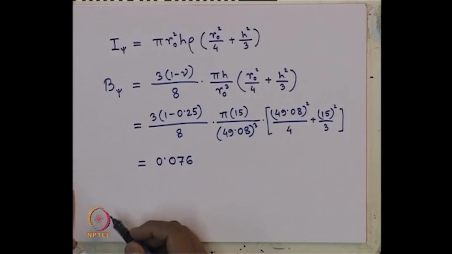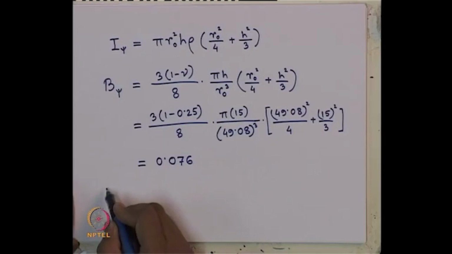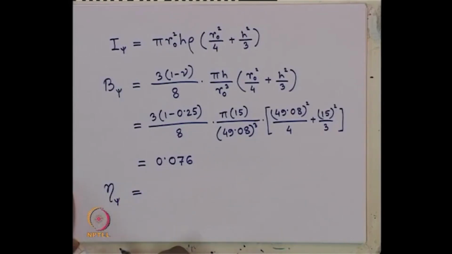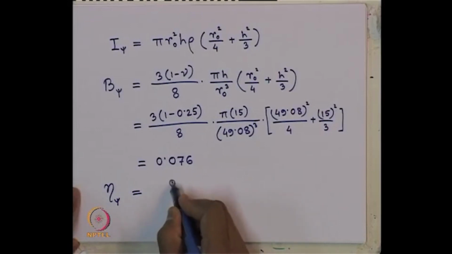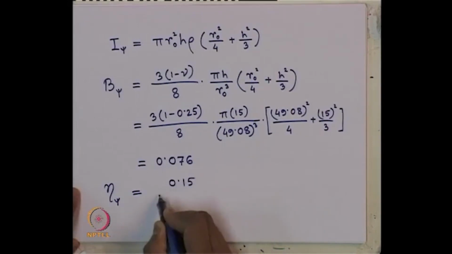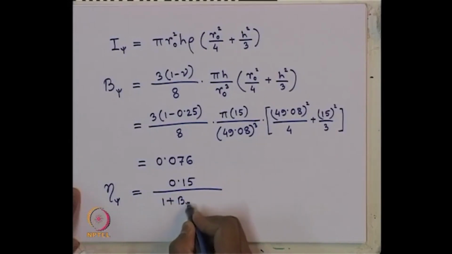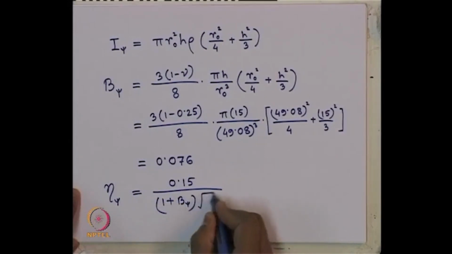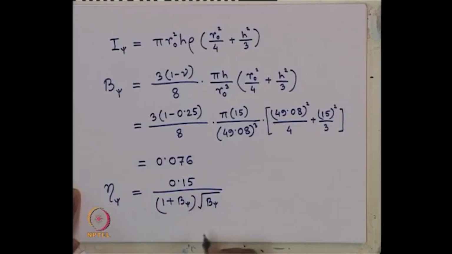Now, the next step is to obtain the damping ratio. What is the expression for damping ratio for this rocking mode of vibration? It is given by 0.15 by 1 plus B psi times root over B psi, that is the expression.